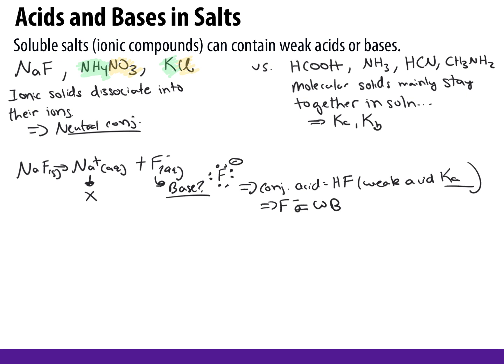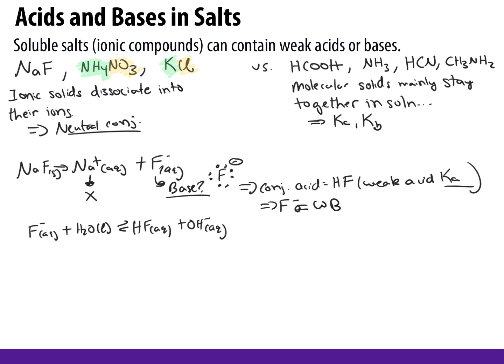And therefore, this entire solution is basic, and the thing that's going to happen in an NaF solution is F- will act as a weak base, make a little bit of OH-, and that's going to be what affects the pH. So we'll have something like F- plus H2O liquid goes to, again, the conjugate acid, HF, plus OH-.